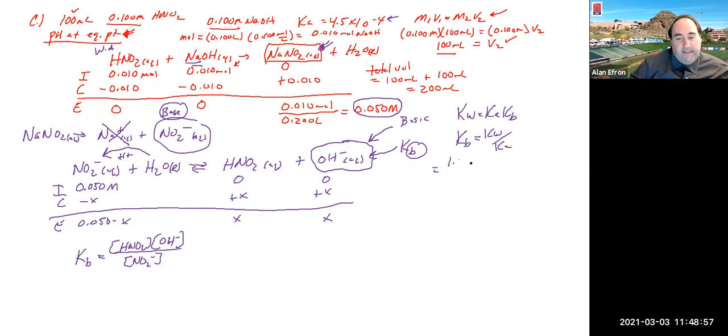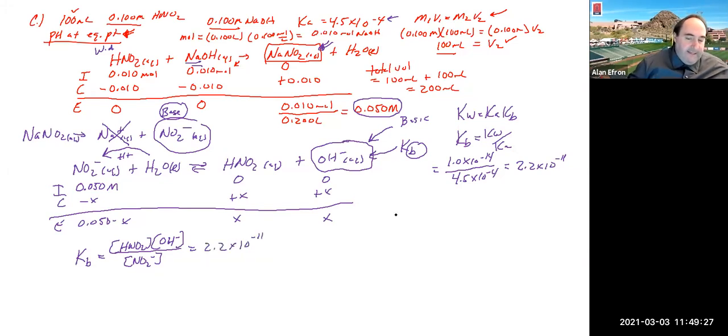So that is 1 times 10 to the minus 14 divided by our 4.5 times 10 to the minus 4. And that's going to get us here. Looks like 2.2 times 10 to the minus 11, we'll call it. And that is the value that we want to make sure that we use here.